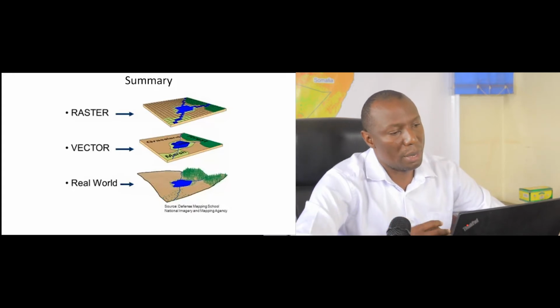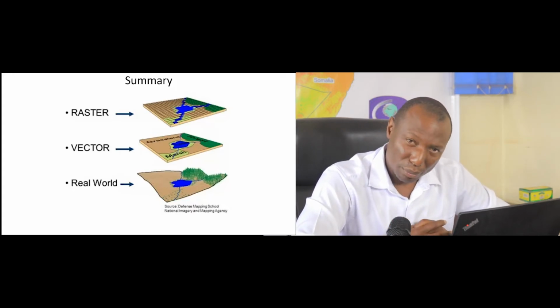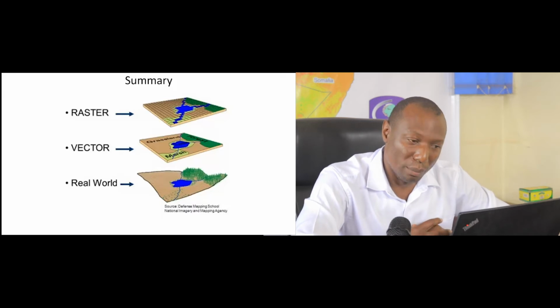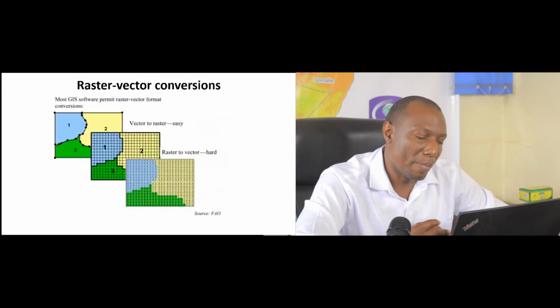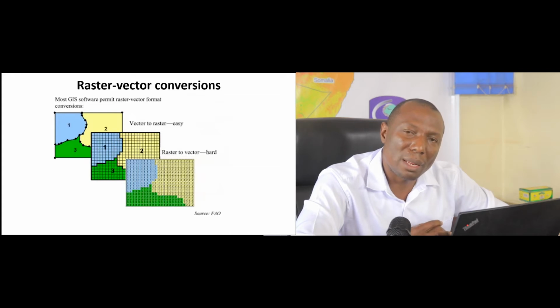Now, I'll talk briefly about coordinate systems. It's quite a wide topic, but I'll give a few hints about it. Now, these datasets that we pick, either vector or raster, they normally come with units.